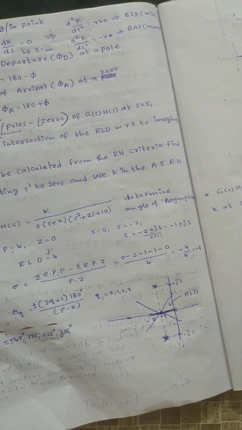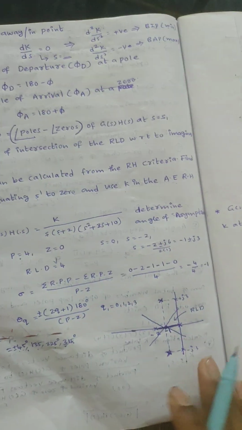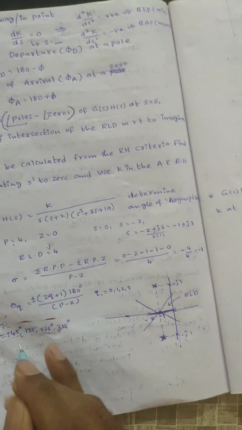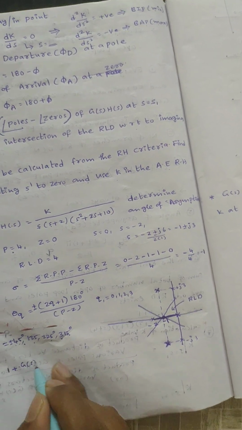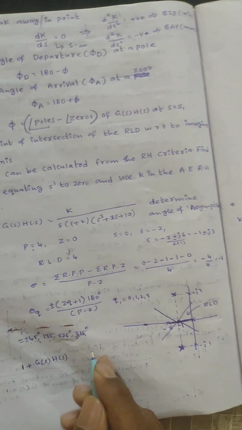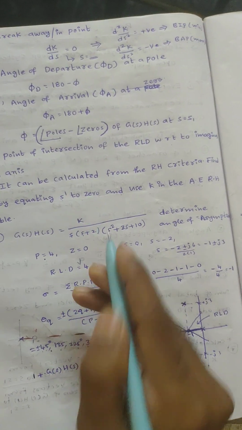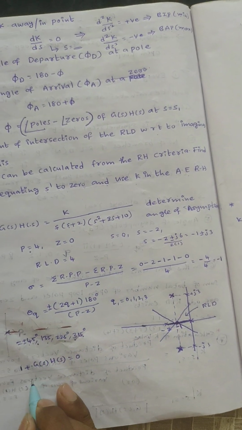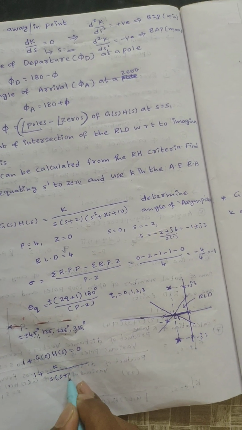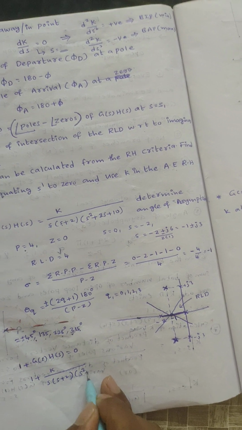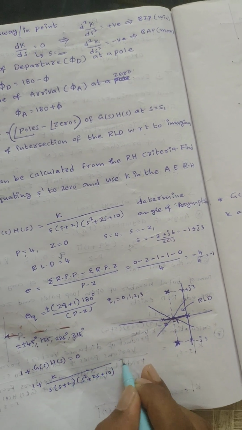Next, I need to calculate the breakaway point or break-in point. What is given here? G(s)H(s) is given. To calculate the breakaway point we need to consider the equation 1 + G(s)H(s) = 0, that is 1 + k / [s(s+2)(s² + 2s + 10)] = 0.